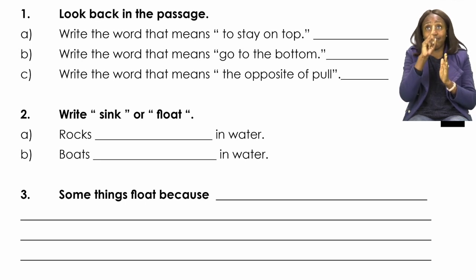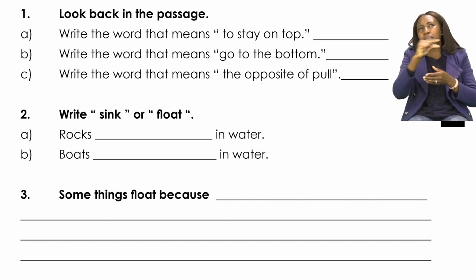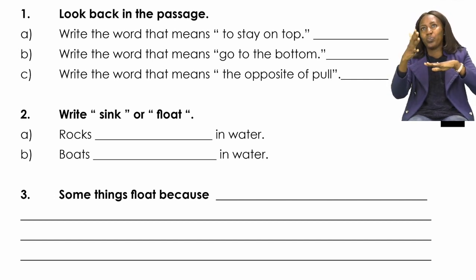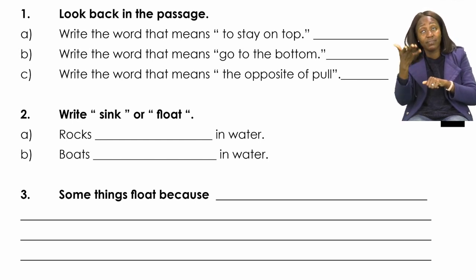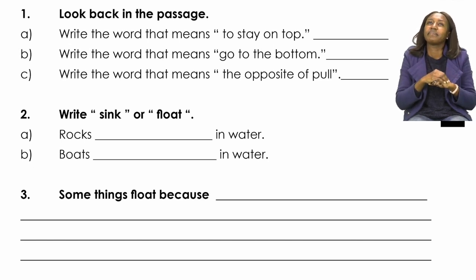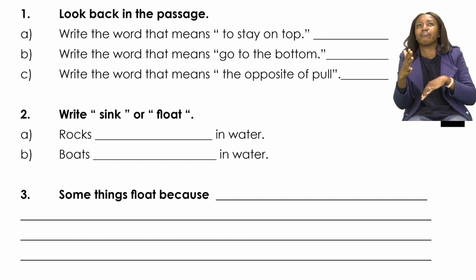Number 1A says, write down the word that means to stay on top. Write down the word that means to stay on top. Number 1B says, write down the word that means go to the bottom.